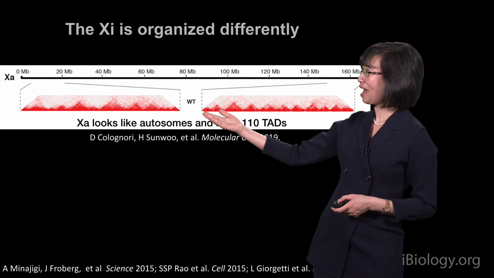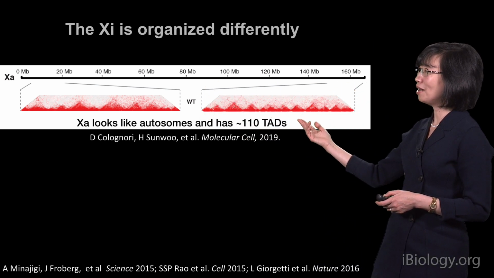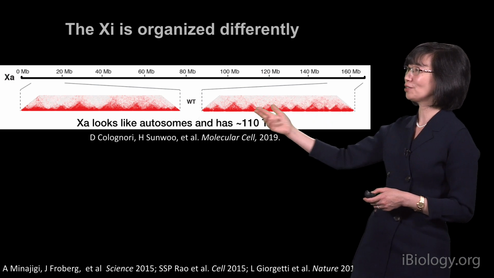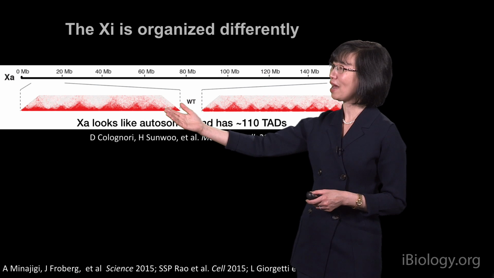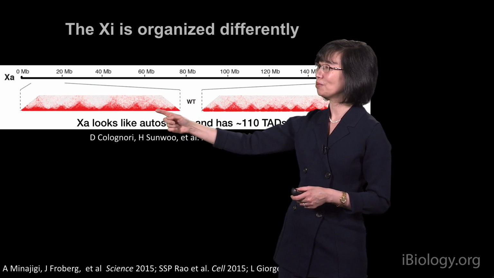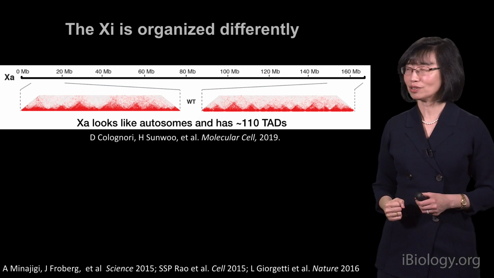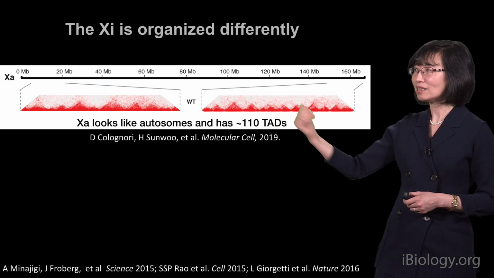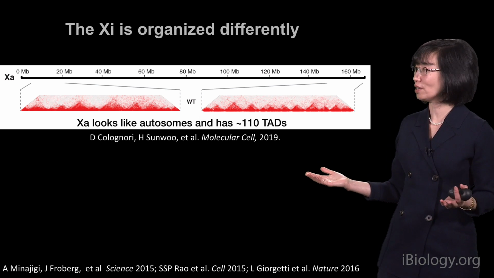So now here's an inactive X chromosome. The entire chromosome is shown across the top. And what I've done here is magnify the 2 ends of the chromosome. And you can see from this contact heat map that these TADs, which are these triangular structures, can be seen essentially all across the chromosome. So the active X chromosome looks a lot like any other chromosome, like all autosomes.